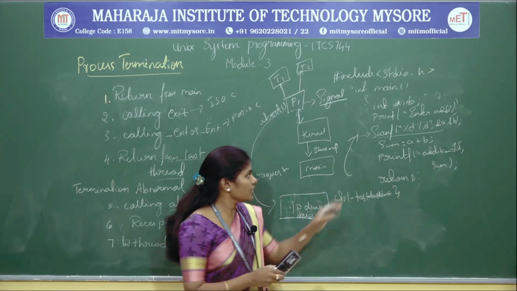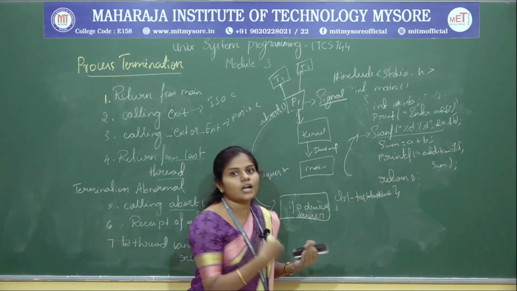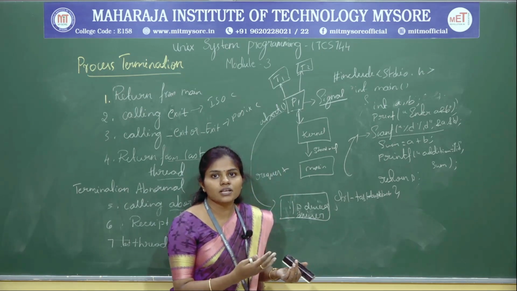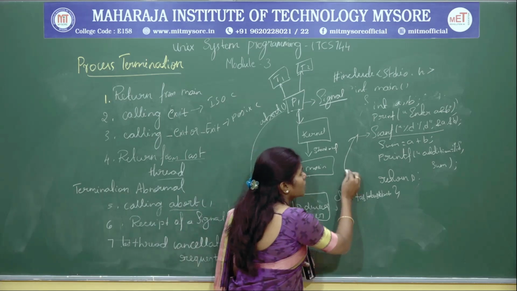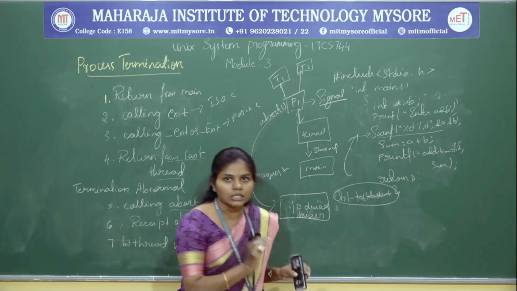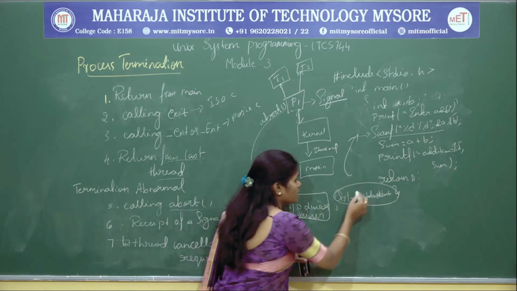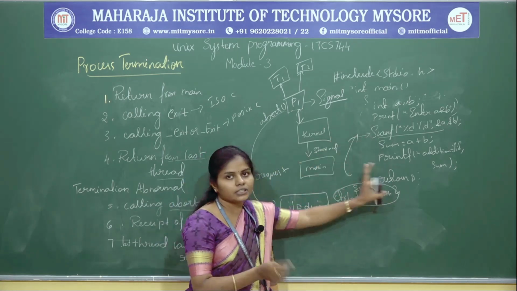The user clicks the escape or a control button. When the user clicks it, this is going to create a signal. Suppose the user presses escape in the middle while running this program.